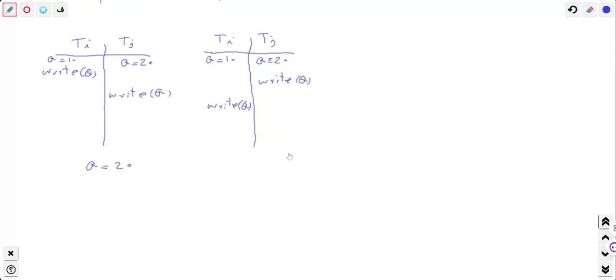But on the right side, if Tj writes, the value of Q is 20 first and then it is rewritten by the value of Ti, which is 10. So the final value would be 10. Okay, did you get the point?